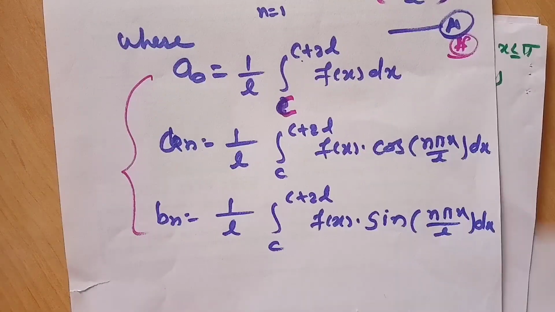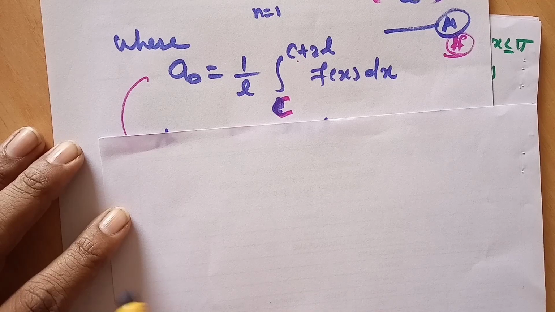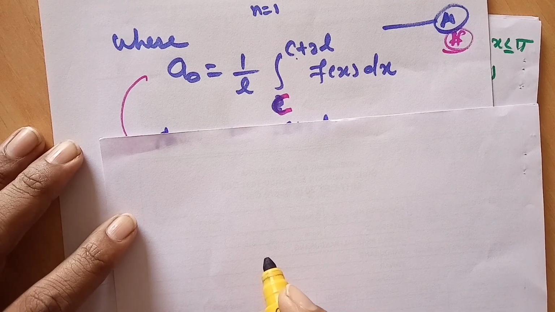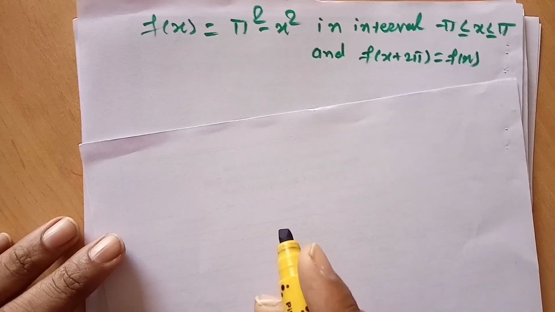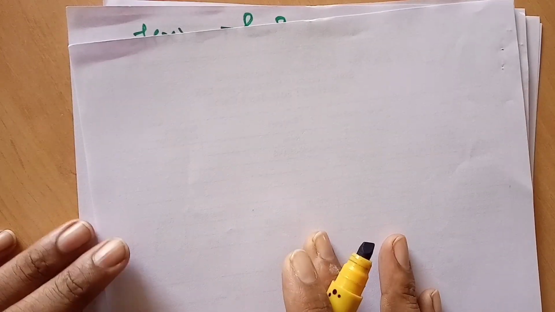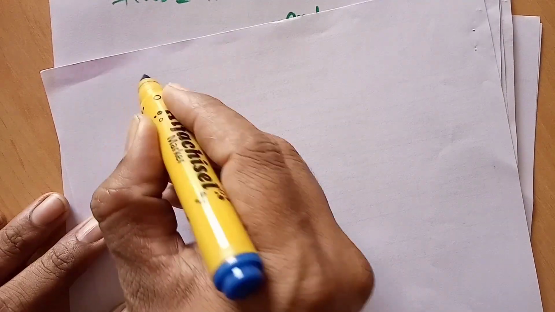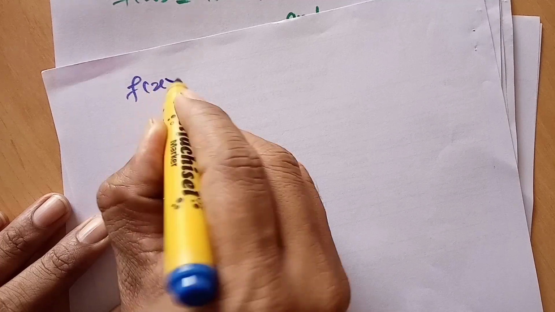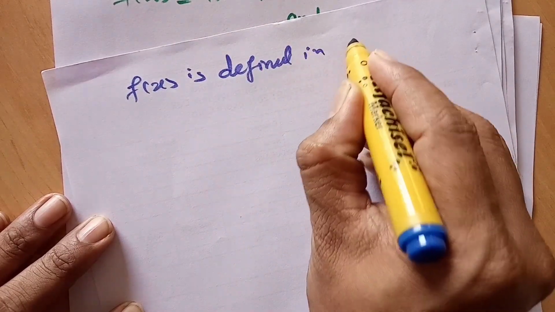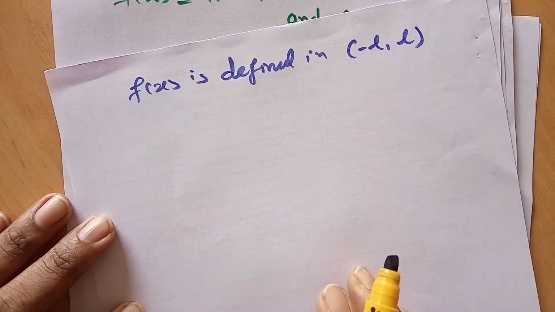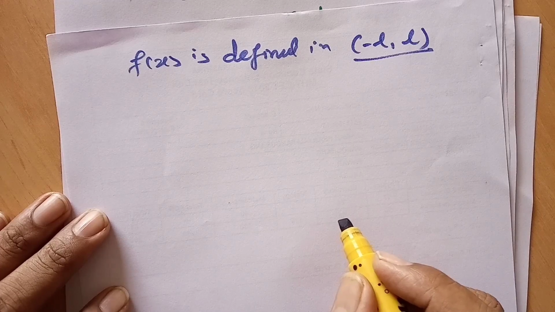Now I will modify this formula a little bit using whether the given function is even or odd. Using this we can modify this formula. Now to modify this, suppose I take my function f of x defined in interval minus l to plus l. Now if function is defined in this type of interval, then we can talk about whether this function is even or odd.